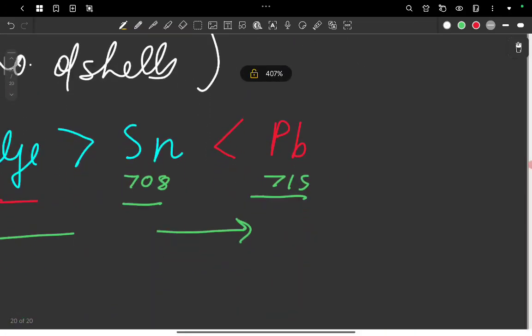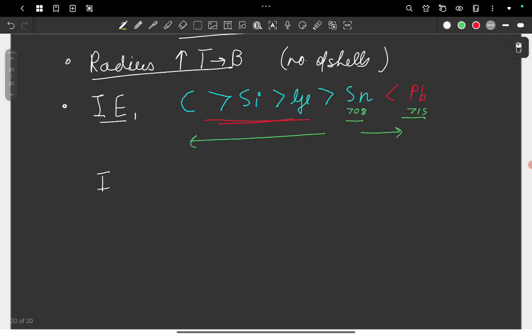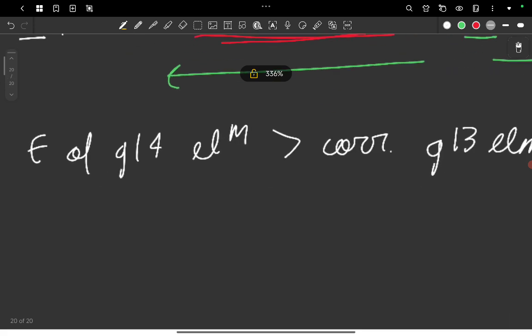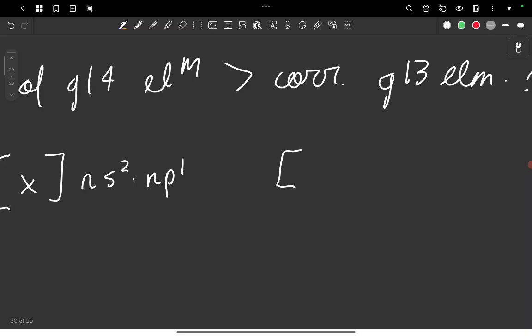And of course, one more point I want to say here, the ionization enthalpy of group 14 elements is greater than corresponding group 13 elements. Why is that? Because for group 13 the configuration is whatever into ns2 np1, and for the corresponding group 14 element it is whatever into ns2 np2.